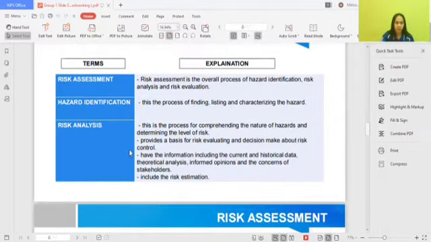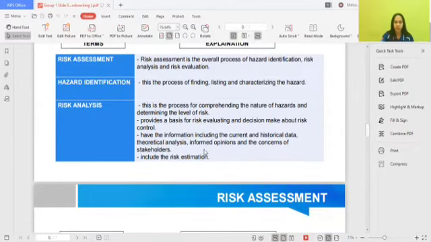And risk analysis is the process for comprehending the nature of the hazard and determining the level of risk, and it provides a basis for risk evaluation and decisions about risk control, with information including current and historical data, theoretical analysis, informed opinions, and the concerns of stakeholders, and includes the risk estimation.